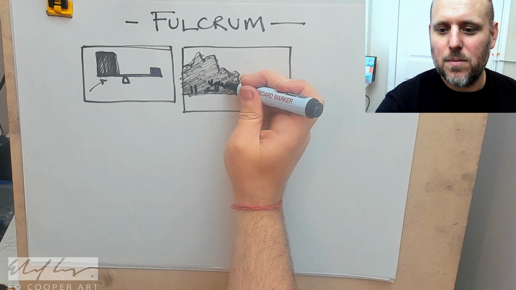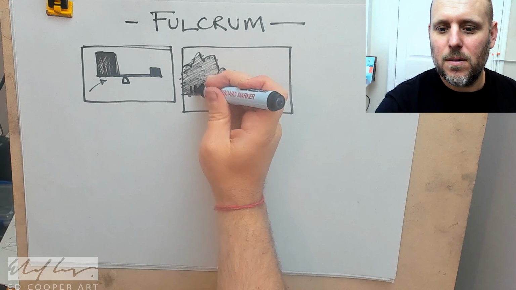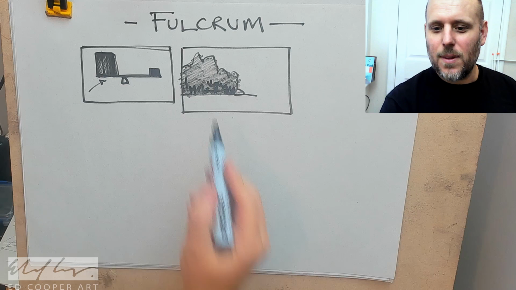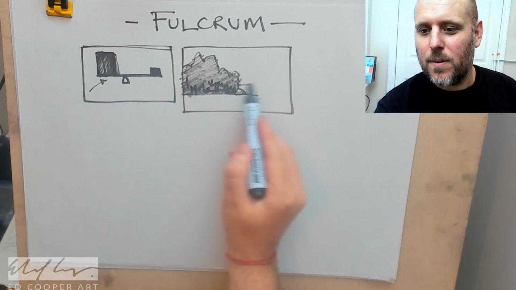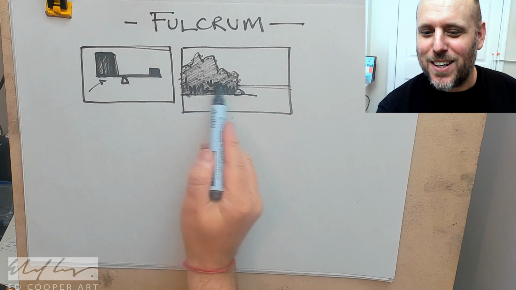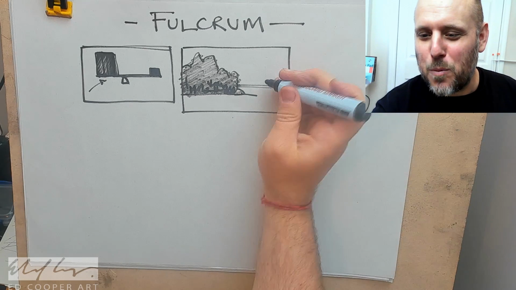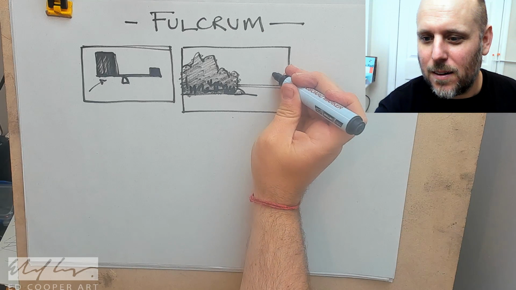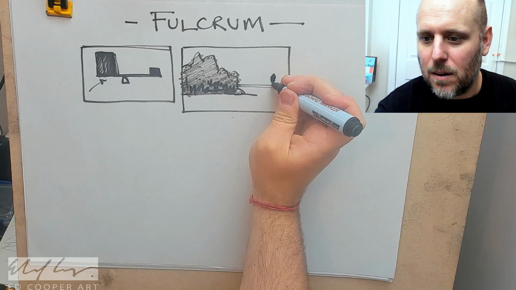Maybe with some shadow. Okay, large mass there. I'm going to try and resist putting a church in. Okay, and we might have just a solitary tree there.